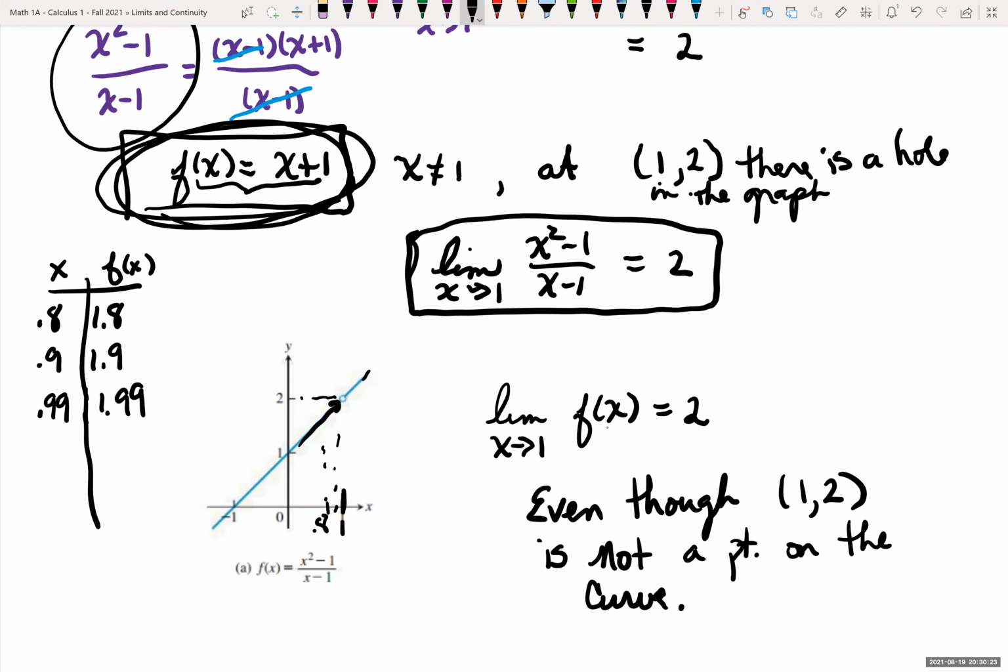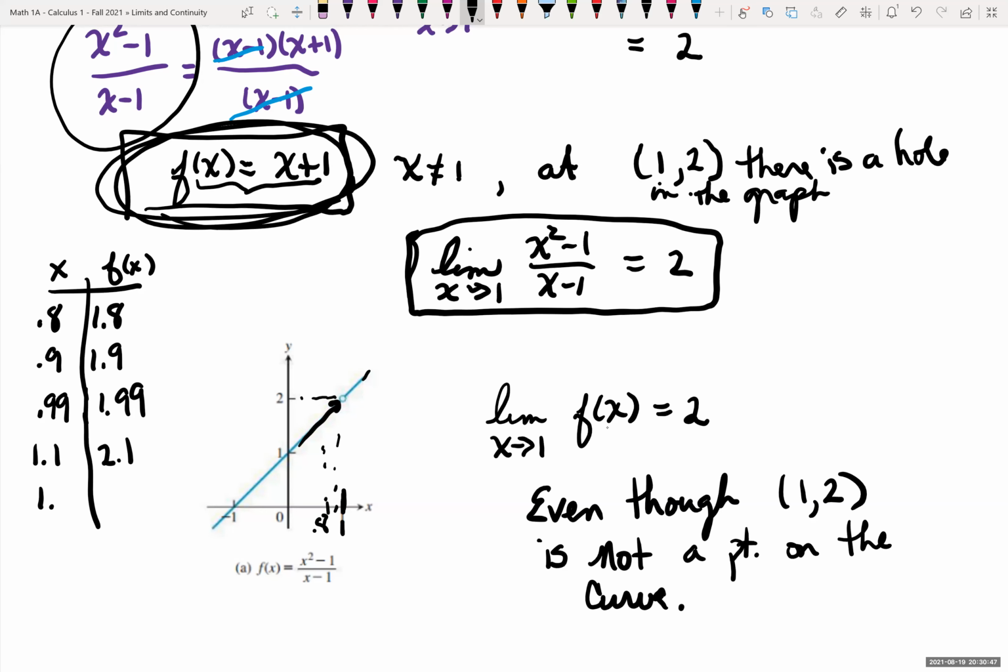And same sort of idea on the right. If I put in 1.1, that's a number that's close to 1 on the right. So 1.1 plus 1, this would be 2.1.